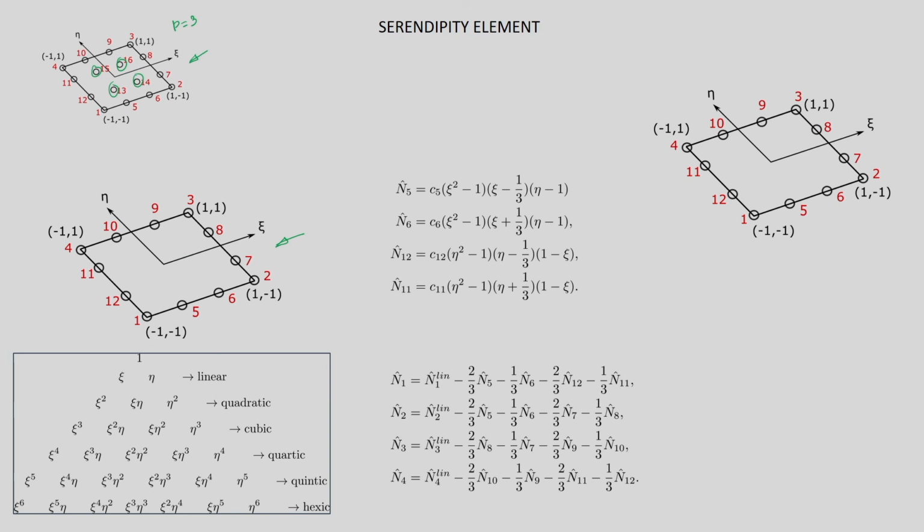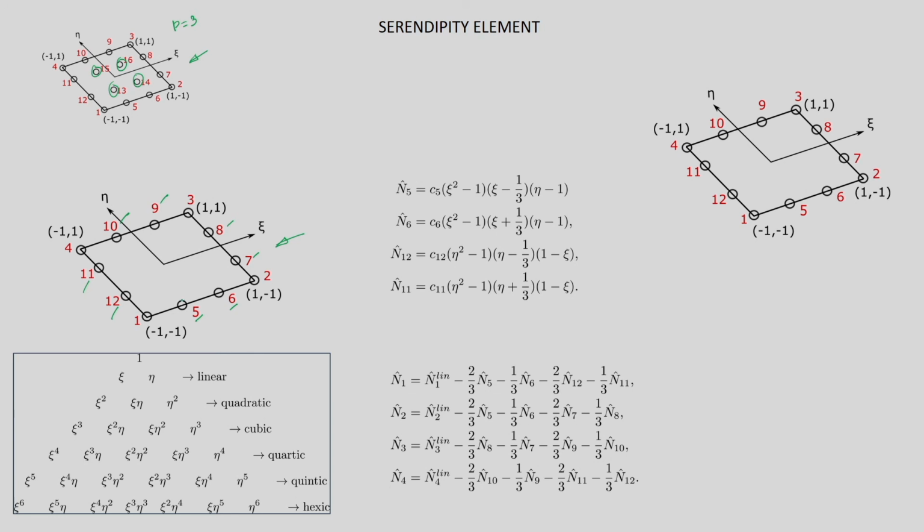Now, how will we construct this? We will follow the same strategy. We will first construct the shape functions which are lying on the sides of the quadrilateral element. So, we will construct N5, N6, N7, N8, N9, N10, N11, N12. Alright.